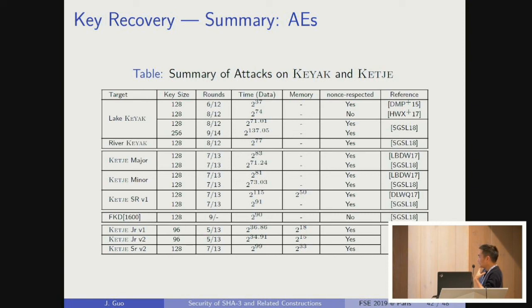And there's an FKD variant of this. This simply means that you can control the full states, so the degree of freedom is generally more than the other designs. That's why we can attack a bit more rounds than the other variants.